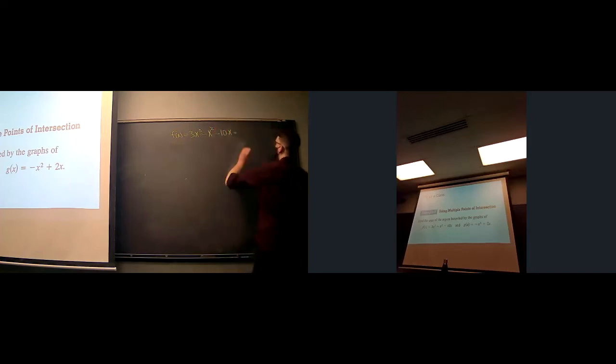Before we do anything else, notice you can factor out an x. Pulling out that x, we get 3x squared minus x minus 10. No factors are jumping out at me right away.